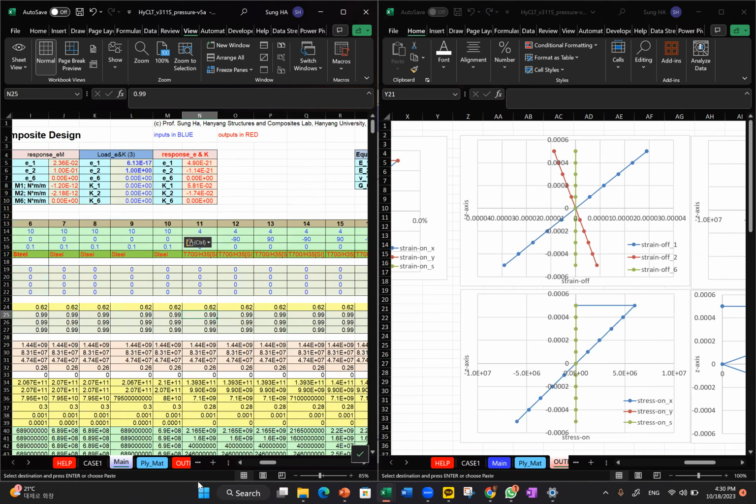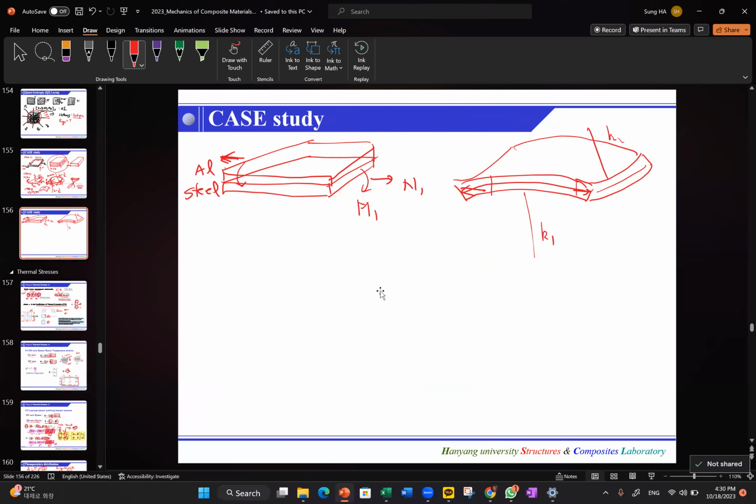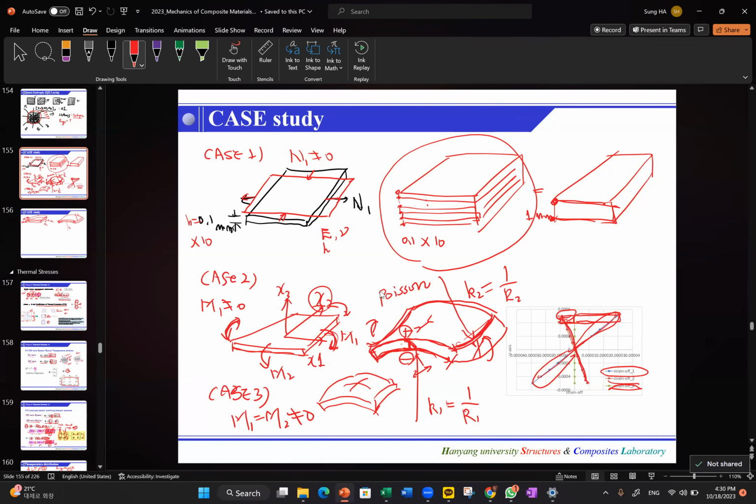It means that in the previous case where there was only steel, epsilon equals epsilon 0 plus z curvature, and this epsilon 0, in the case of bending, disappears.